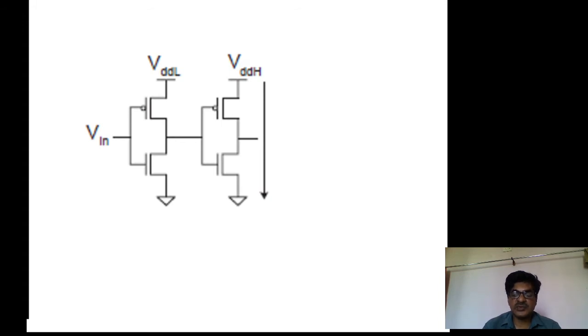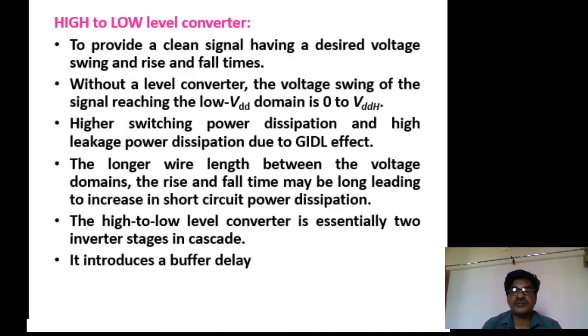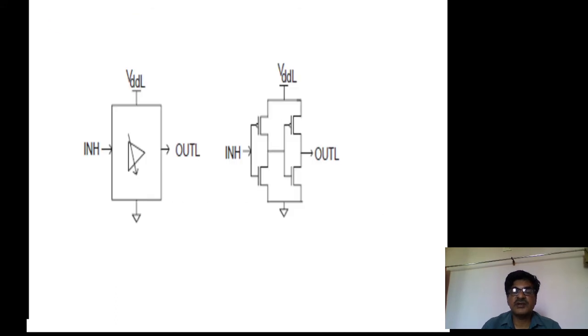Therefore, in the literature we have two types of converters: high to low level converter or low to high level converter. Let us see the high to low level converter symbol, and its internal diagram is like this. The first one represents the high to low level converter symbol. It converts the voltage levels from the high voltage VDD domain to the low voltage domain.